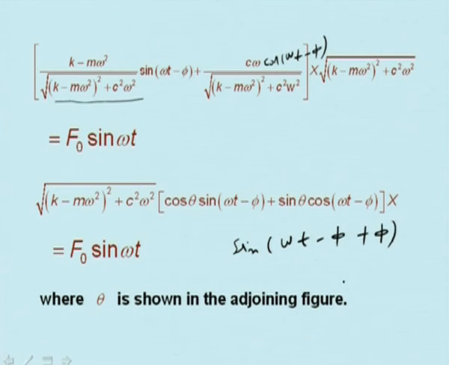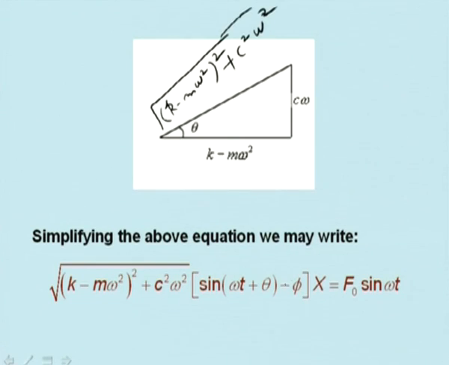Apply the formula of sin(A + B), so sin A cos B: sin(ωt − φ) cos θ, plus cos(ωt − φ) sin θ. Sorry, this is θ. So this is sin(ωt − φ) cos θ, plus cos(ωt − φ) sin θ. So this is like this, in this expression, this is ωt.